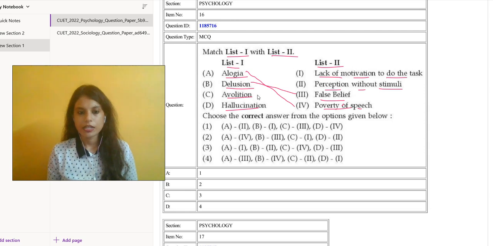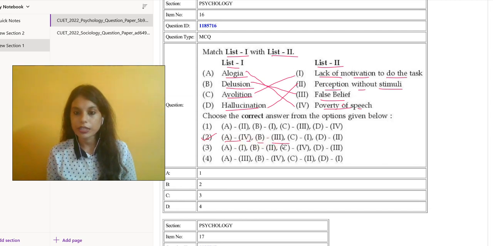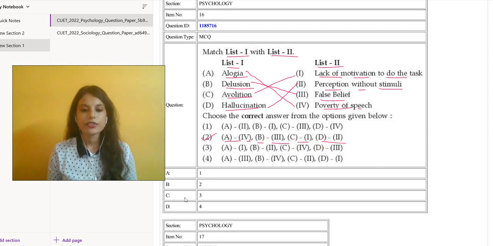Let's set avolition with lack of motivation to do the task, hallucination with perception without stimuli. So based on this, we might conclude that A is going with 4, right? Yes, we are going with A 4, B 3, C first and D second. So our correct answer is 2, which means B is the correct answer.